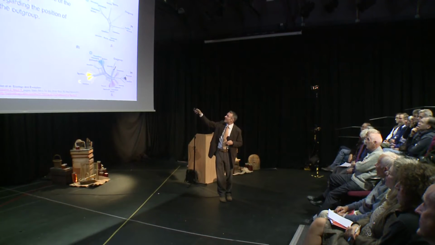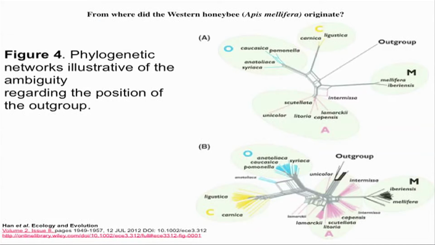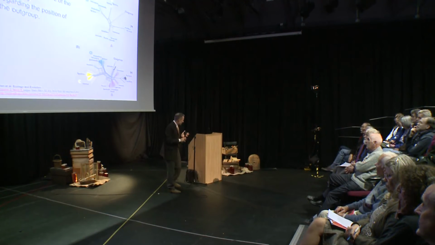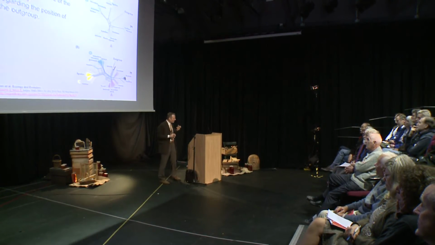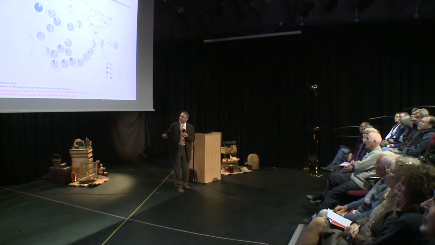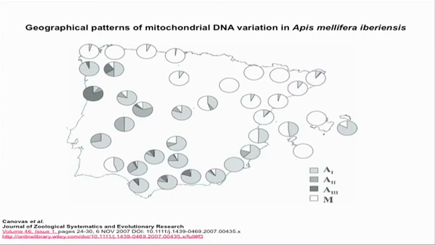Certainly what we can say is Apis mellifera, the subspecies that we have that's native here, is either associated with Africa or actually derived from African, Iberiensis and mellifera. So that certainly seems to be the case. But as to whether the origin, and if we look within Spain, for example, we see darker colours of the African haplotypes and light colours of the mellifera, more European haplotypes.